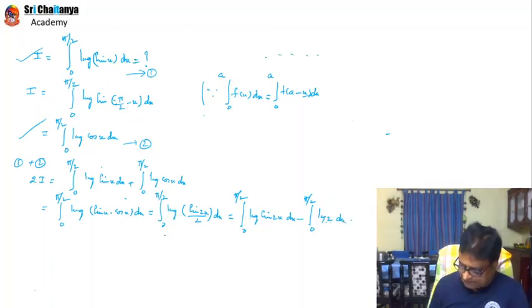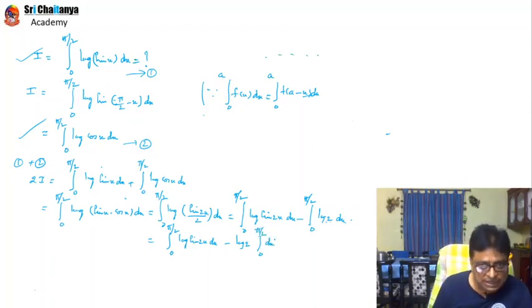So my friends, this can be written as integration 0 to pi by 2 log sin 2x dx, and since log 2 is constant, minus log 2 times integration 0 to pi by 2 dx, and integration of dx is x.